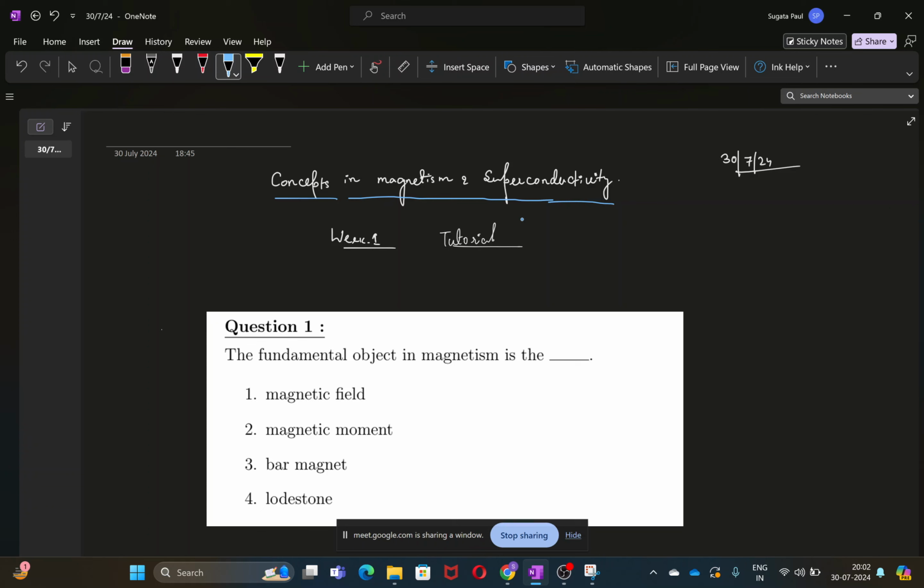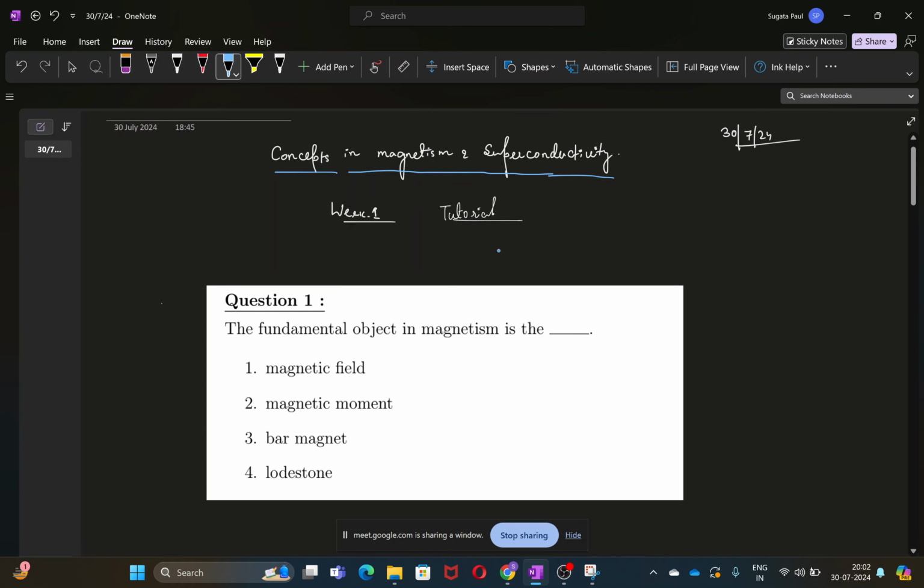So then let us try to solve. First look at the questions, and we'll try to solve them one by one. Here we have 10 questions, which are related to topics of the week 1 lecture content.